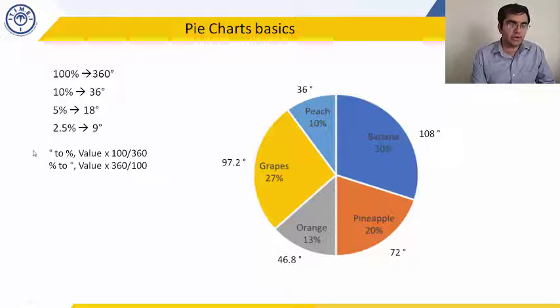And in general, when you are transforming degrees to percentages, then whatever value in degrees that you have, you multiply it by 100 by 360 to get it into percentage. And if you want to go from percentage to degrees, you multiply the value by 360 divided by 100. So please write all of this down.